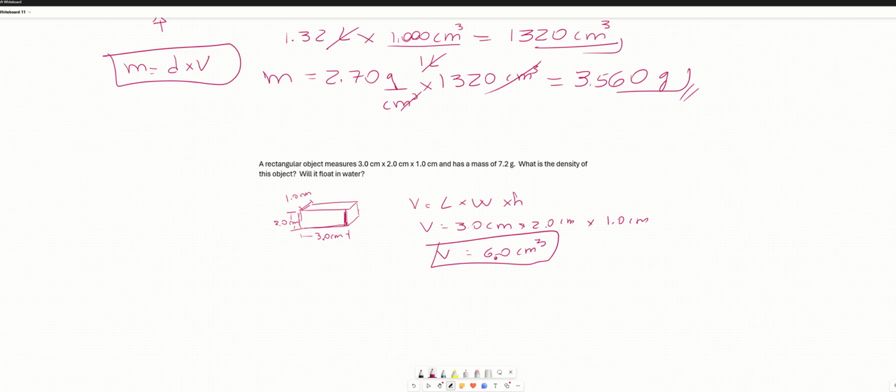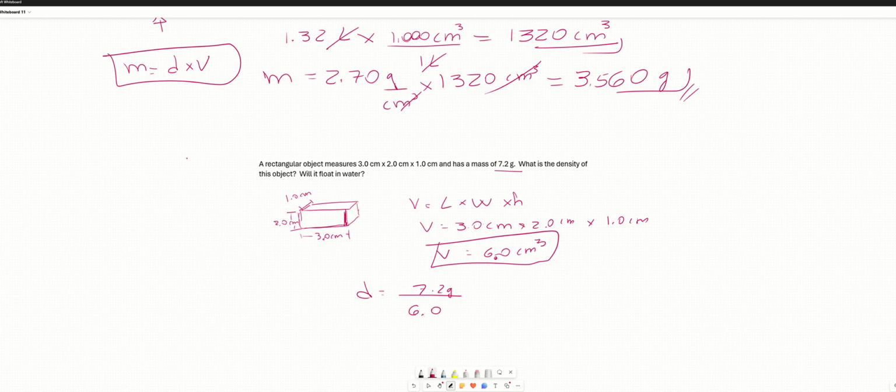So now I want to calculate the density. I have the mass, 7.2 grams, and I have the volume, 6.0 cubic centimeters. So I have 1.2 grams per cubic centimeter. Water is 0.9998 grams per cubic centimeter.